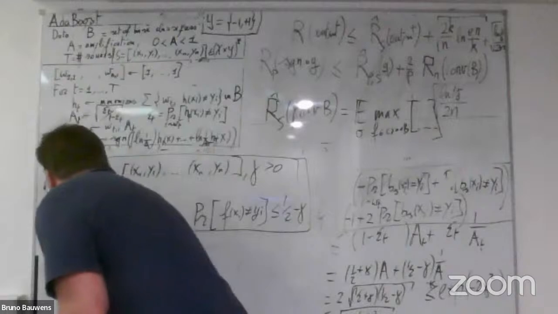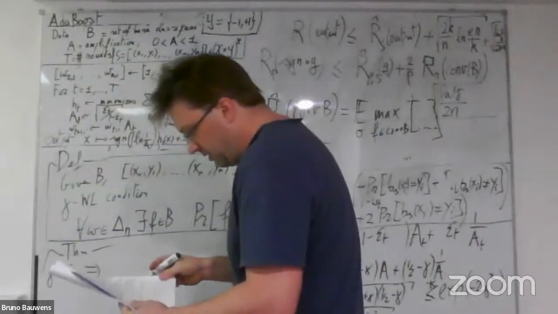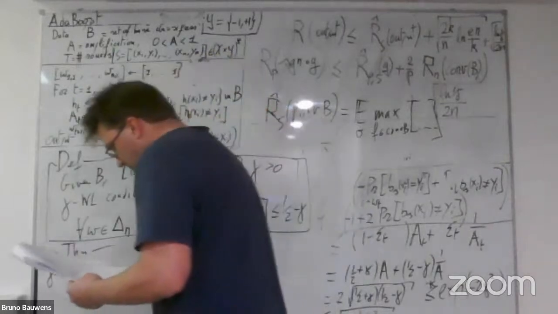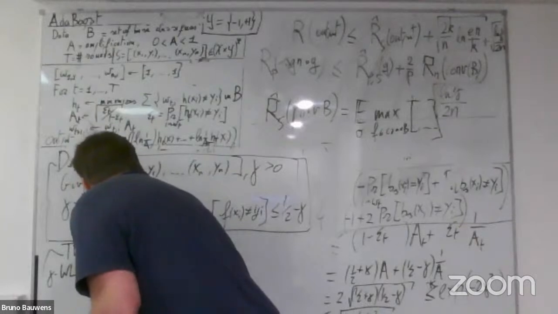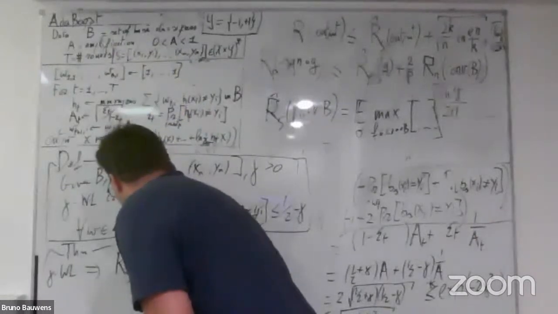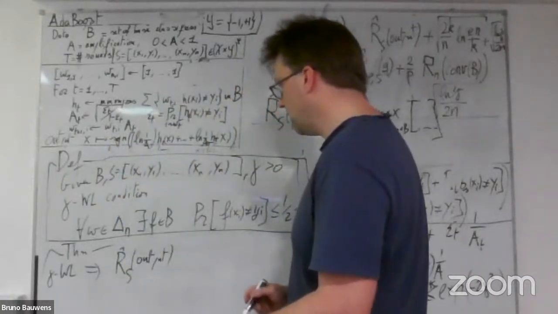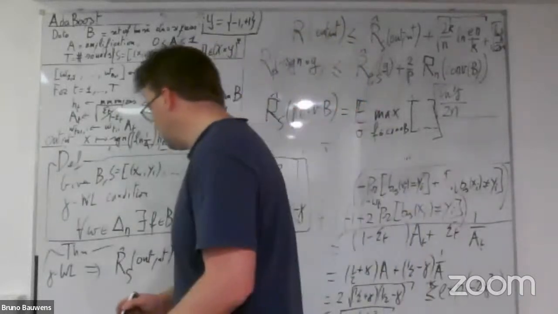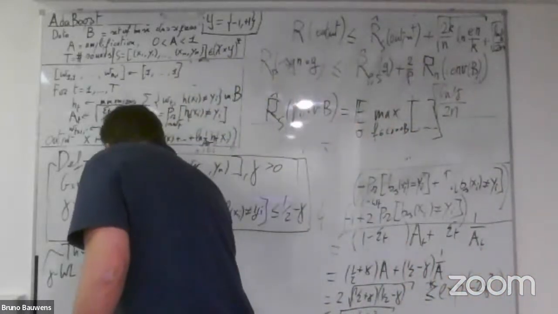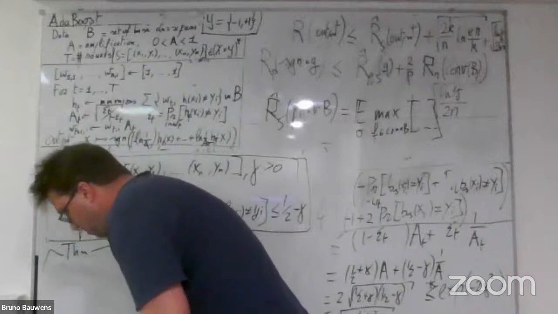If the gamma weak learning hypothesis holds, it implies that the empirical margin risk of the output, let's try to quantify it.